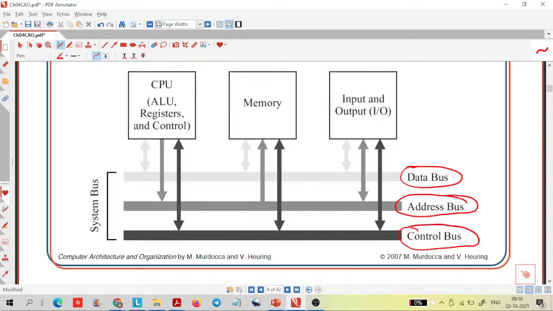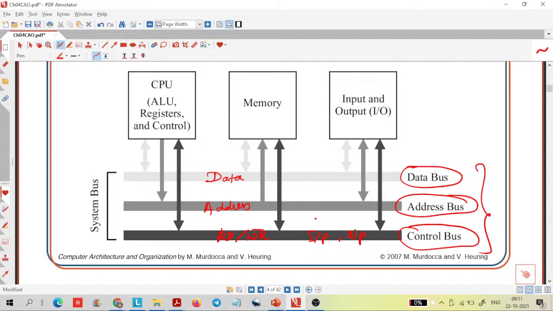These are the three system buses. The data bus transfers the data, the address bus handles the address of the memory location, and the control bus carries control signals like read, write, input, output.